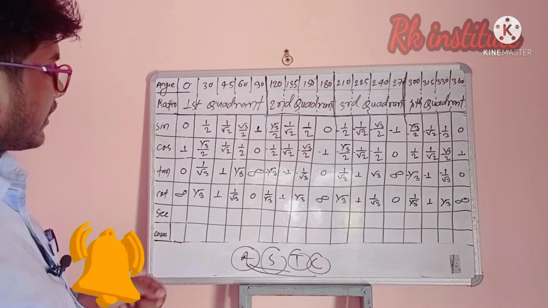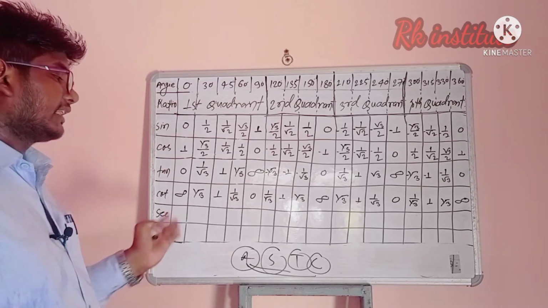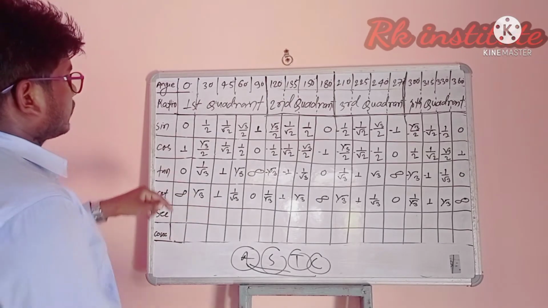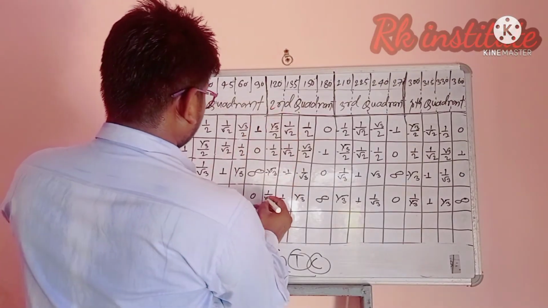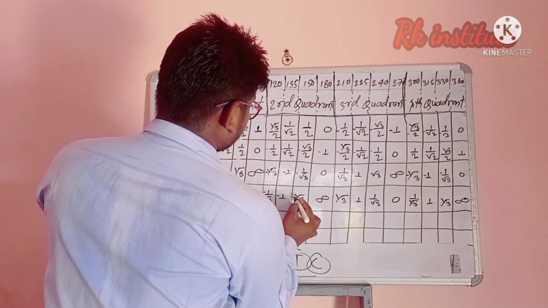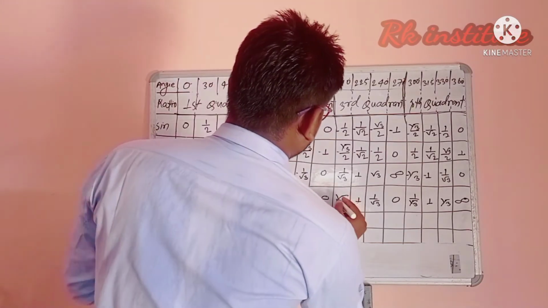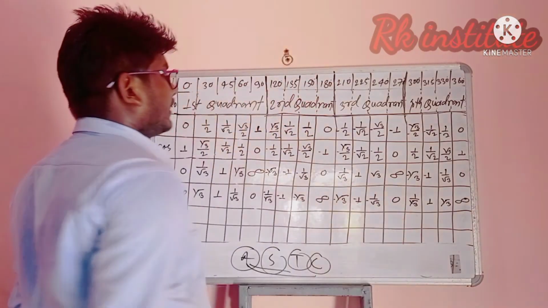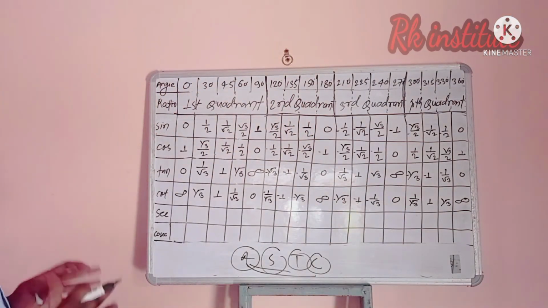Second quadrant and third quadrant are negative only; first quadrant and fourth quadrant are positive. So from the second quadrant negative, so you don't write negative; 0 is not important to write negative, so positive.